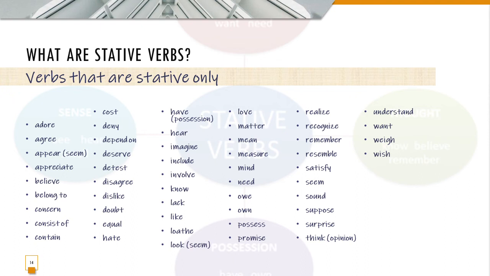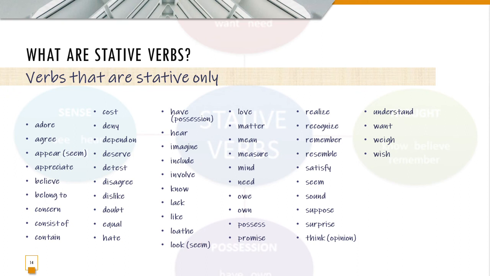Okay, this matter concerns me. That means I'm worried about this. Okay, so that's the verb. It's a stative verb. Okay, concern can also be a noun. That's a different matter. Okay, consist of, contain, cost, deny, depend on, deserve, detest, disagree, dislike.